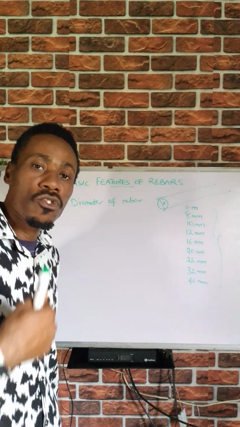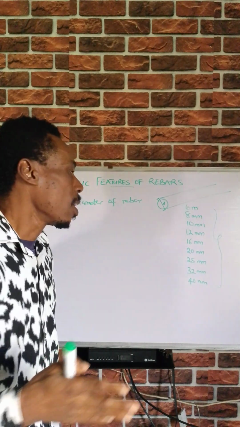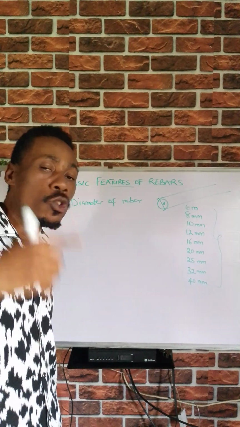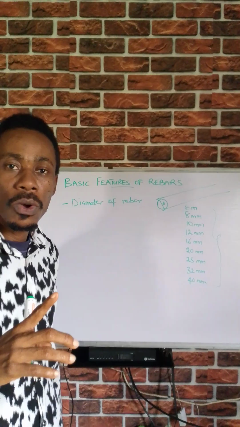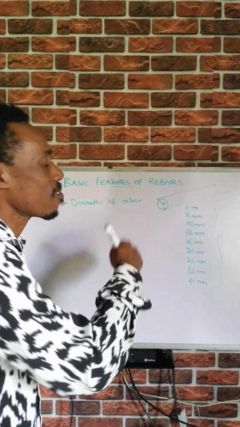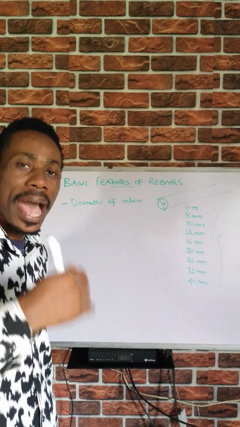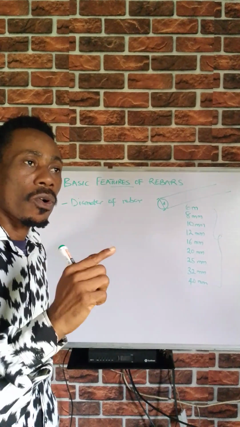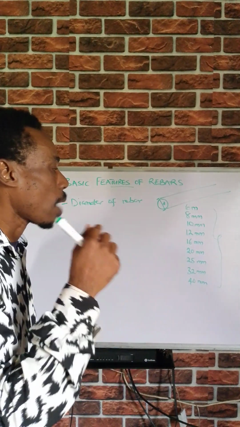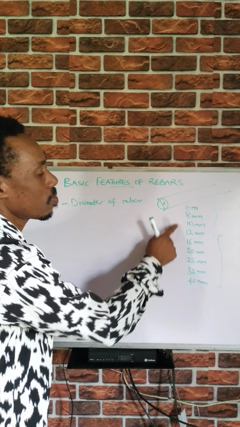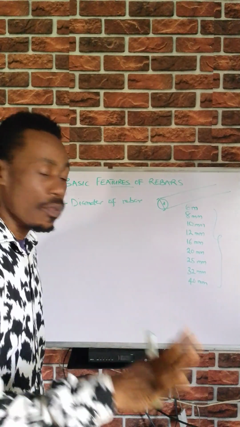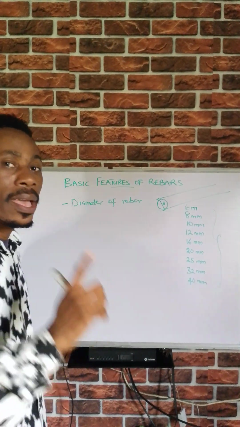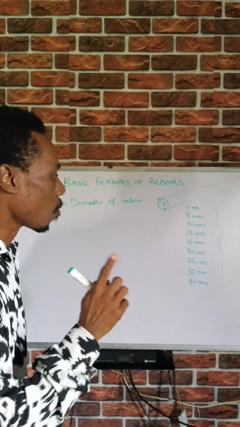Those bones have different sizes, so there is no way you can have a particular size of reinforcement used in the entire structure. We have to design for those various structural elements to enable us use any of these sizes for that element. So the diameter of our rebar is very important that we look out for.